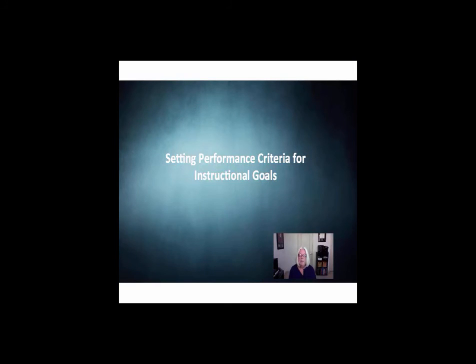Okay, so then we have to set performance criteria. The final step is to include a criterion that will indicate that the goal has been successfully achieved. And at this point, we're talking about a group goal, not an individual goal. In educational situations, usually these goals are set up by outside agencies.